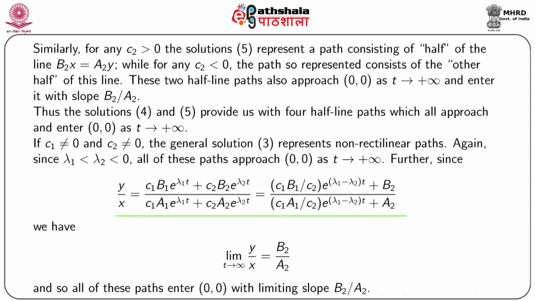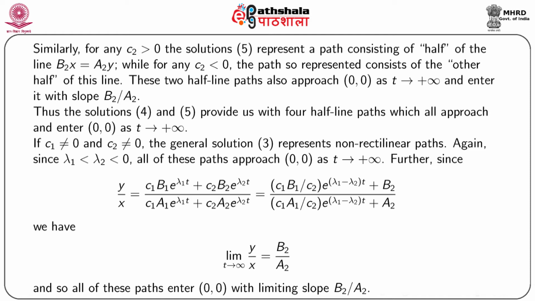If we take common C2 b2 e to the power lambda 2 t, we will get C1 b1 by C2 e to the power (lambda 1 minus lambda 2) into t, and likewise the denominator. As t tends to infinity, lambda 1 minus lambda 2 is less than 0, and this whole term will tend to 0.